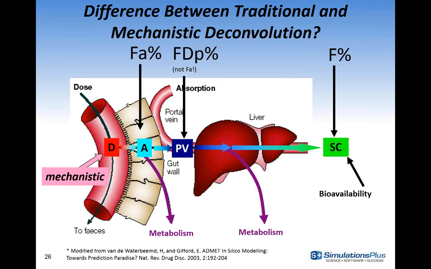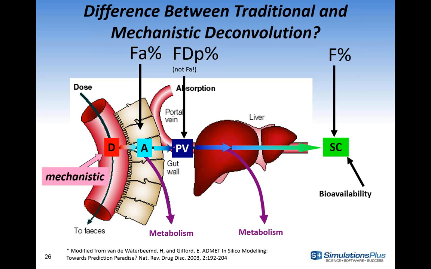So rather than deconvoluting the in vivo input rate and relating it to the in vitro dissolution, we use the full ACAT model within GastroPlus that has all the physics. So the permeation into the enterocytes, the saturable metabolism, and/or any transport mechanisms that are present in the gut wall.